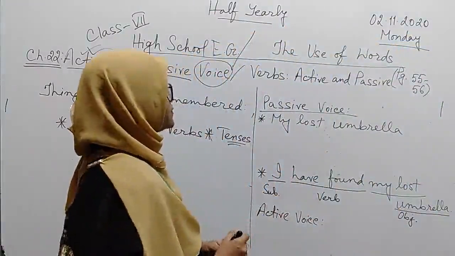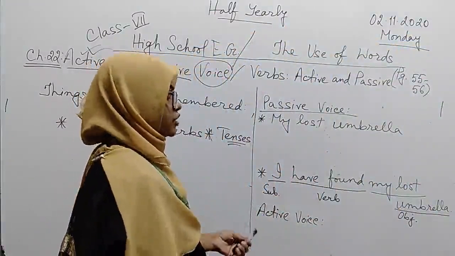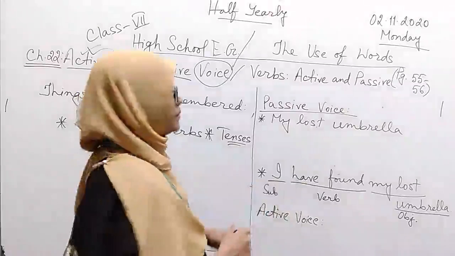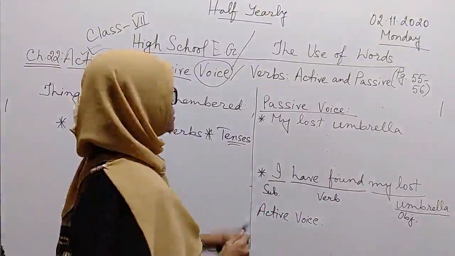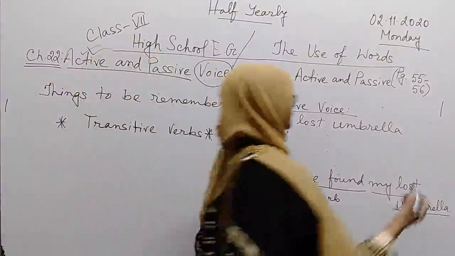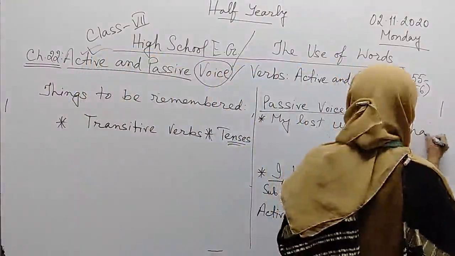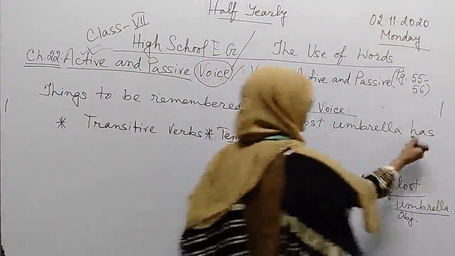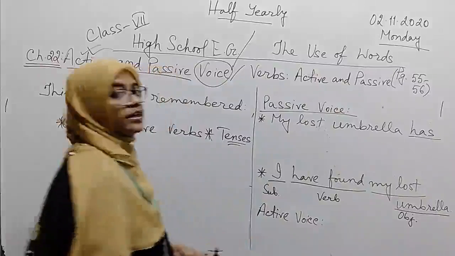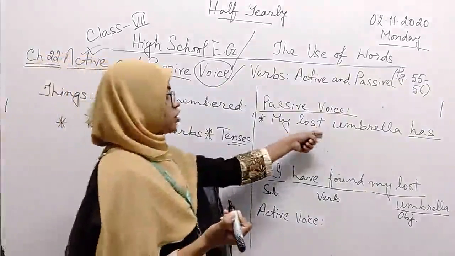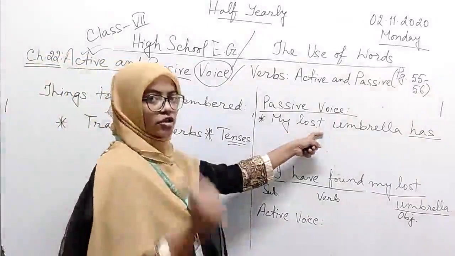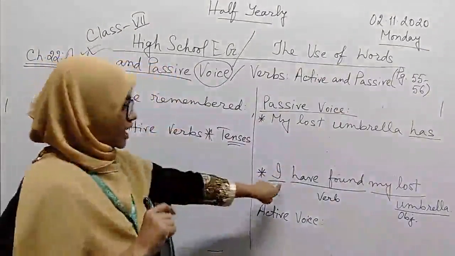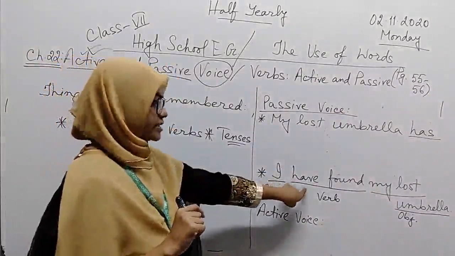So we write our verb to be or auxiliary verb in this tense. What will we write? My lost umbrella. Remember that we change the auxiliary verb depending on the number and person of the subject. Okay? So with I, we do not write has.